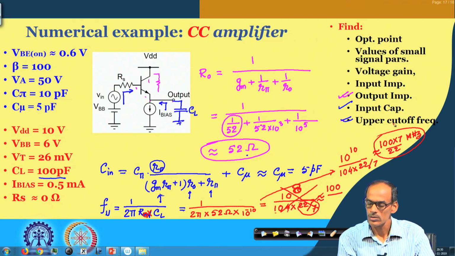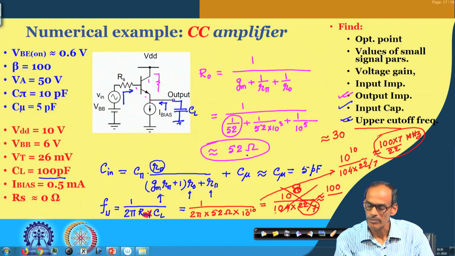So, it is more or less in the tens of megahertz. Rather, I should say close to 30, approximately 30 megahertz. So, here it is 3, close to 30 megahertz.